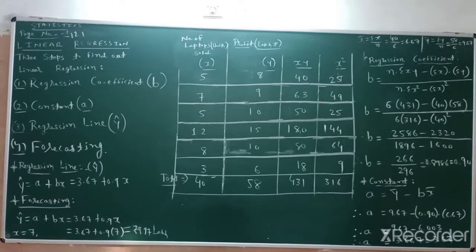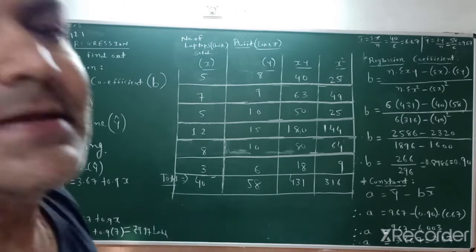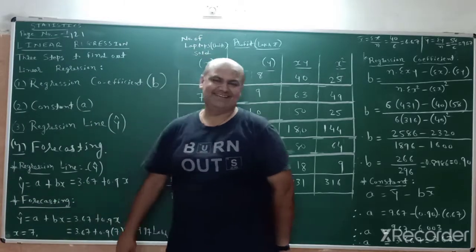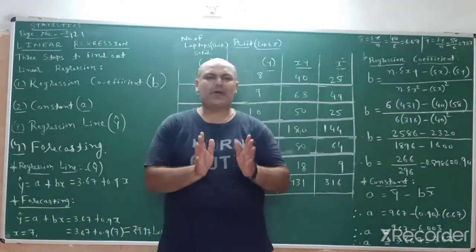Our next step is, students, after finding the constant, that is a, now we have to move towards our third main step, and that is the regression line. Regression line means y cap.